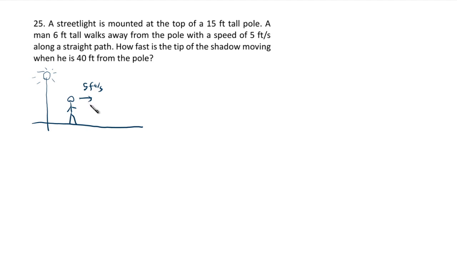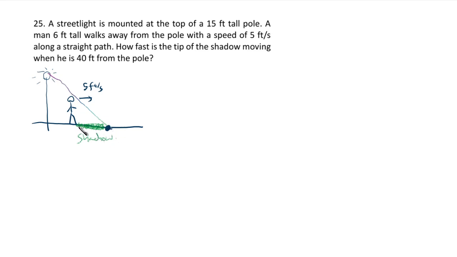And then it's going to give you a shadow, right? The shadow will be like you have this light coming from there, and therefore you're going to get this shadow here. And you're trying to figure out how fast is the tip of the shadow moving.